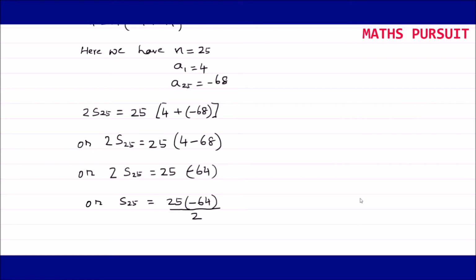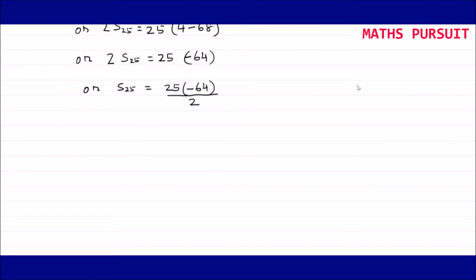Or I can write S25 is equal to 25 into minus 32, because 32 into 2 is 64. So 25 into 32 is minus 800.